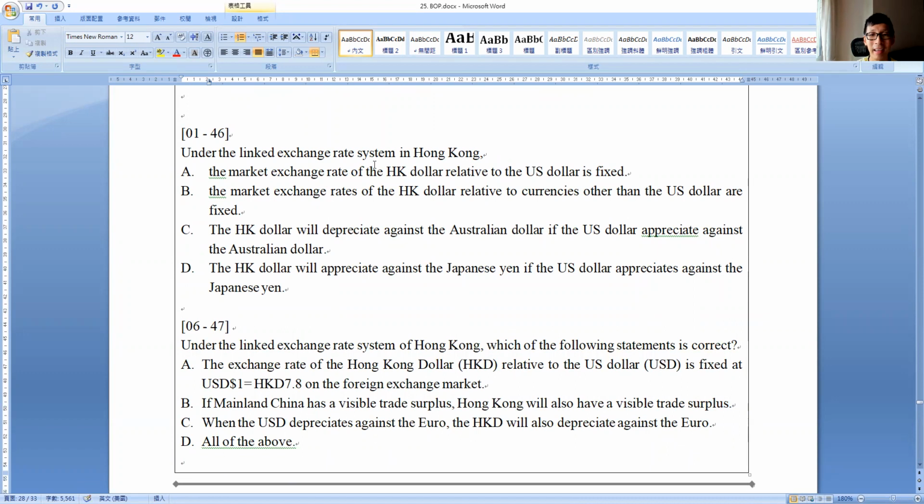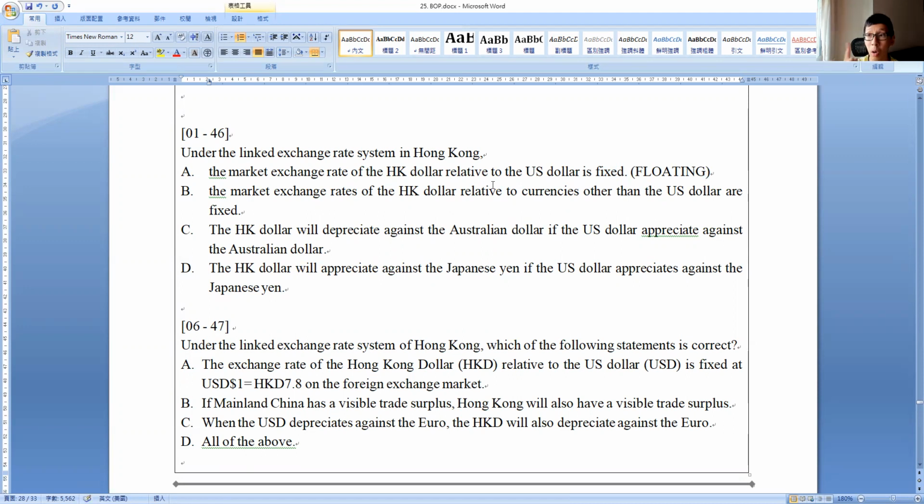2001. Under the linked exchange rate system in Hong Kong, the market exchange rate of Hong Kong dollar relative to US dollar is fixed. Remember, the market is floating, not fixed. The market exchange rate of the Hong Kong dollar relative to currencies other than the US dollar are fixed.